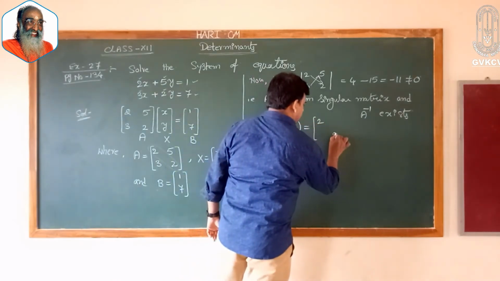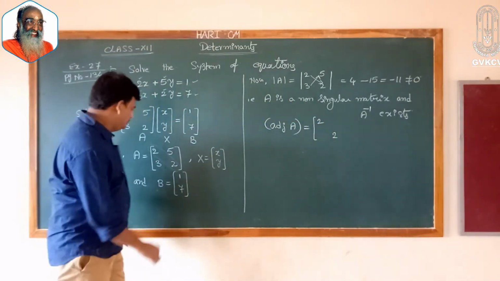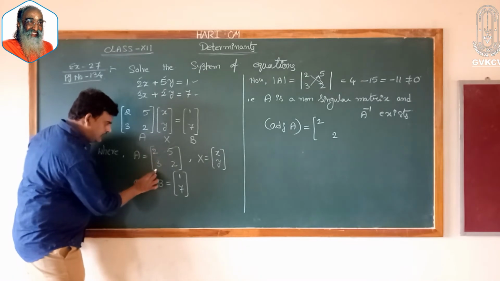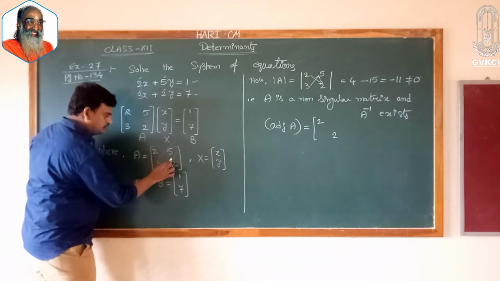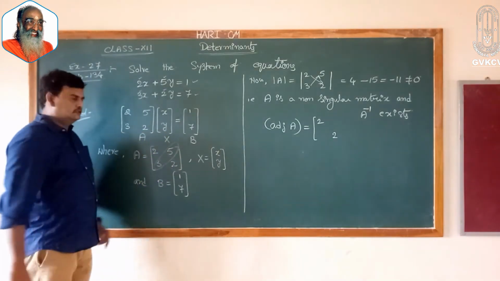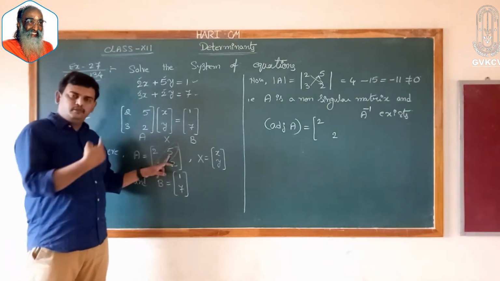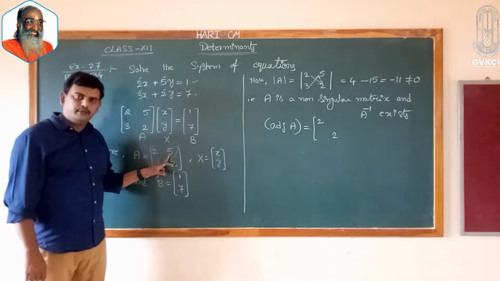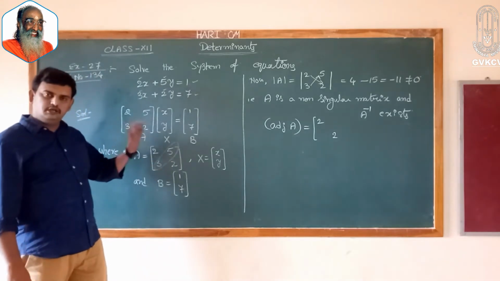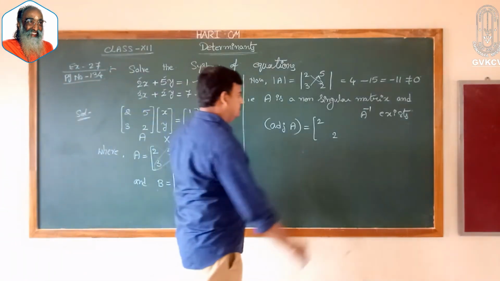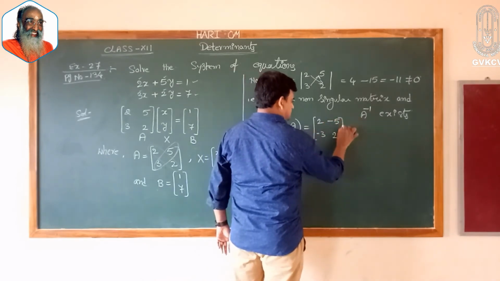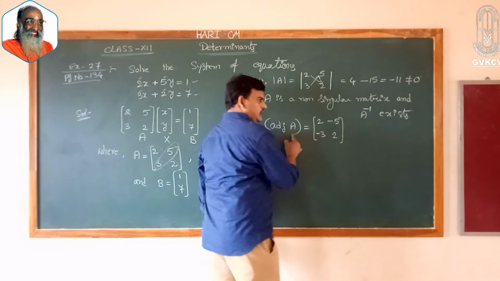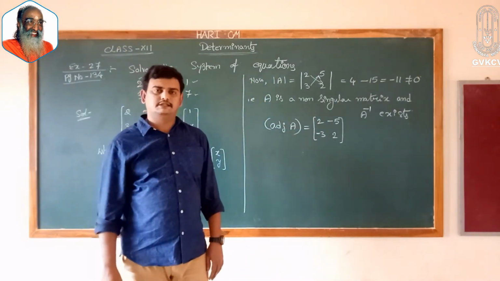So 2 and 2. For the non-principal diagonal elements, we should change the signs. Here 5 is positive, we have to take it as negative. 3 is positive, 3 also we should take as negative. So we have -5, -3.